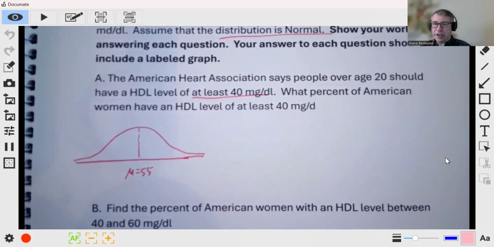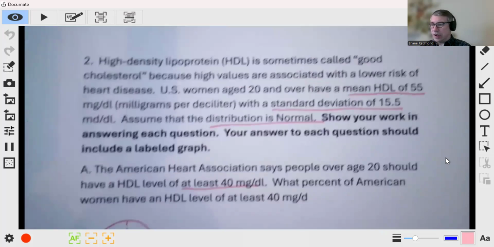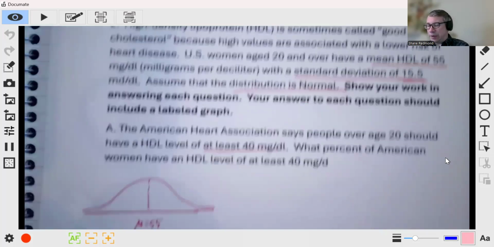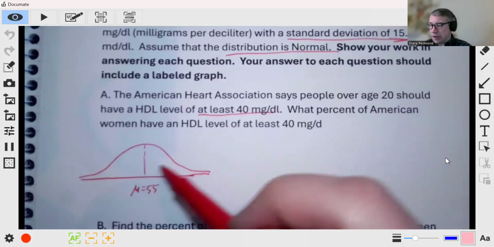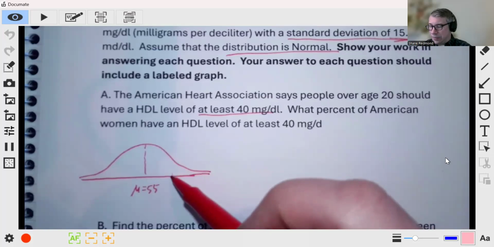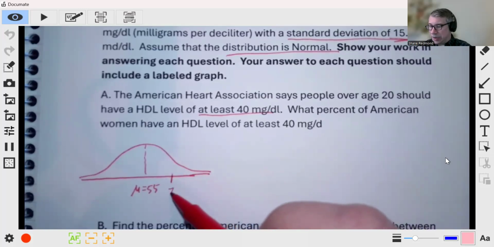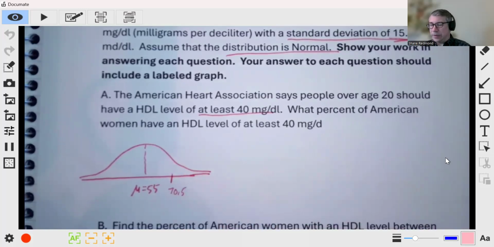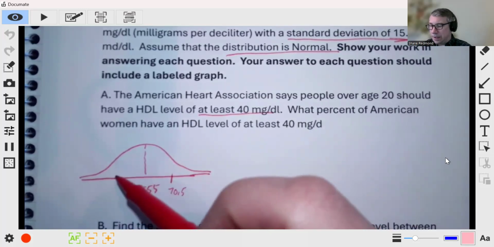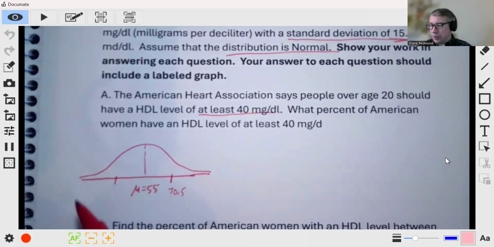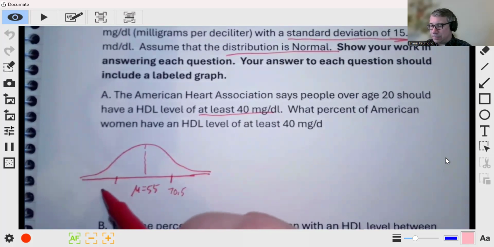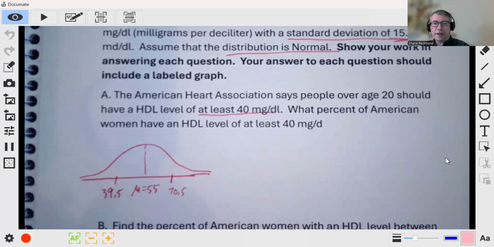Our standard deviation in this problem was 15.5, and that would give me a scale. I can mark up to about this point where the curve starts to change its shape a little bit. If I go up 15.5 units and down 15.5 units, I can set a scale here.